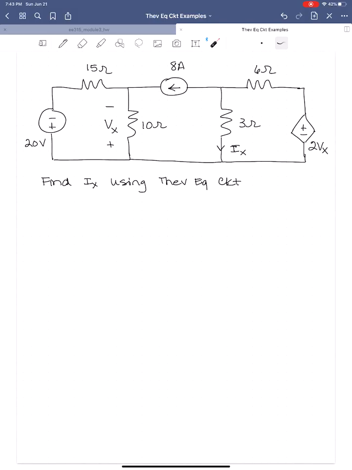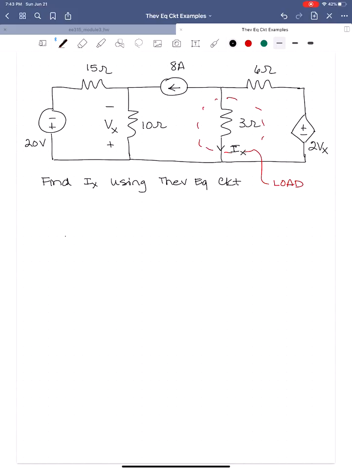So for this circuit, though, we're going to solve for Ix. In that case, the 3 ohm resistor is going to be our load, and the 2Vx source and its controlling element will both be in the circuit network. So let's start by drawing that circuit network.